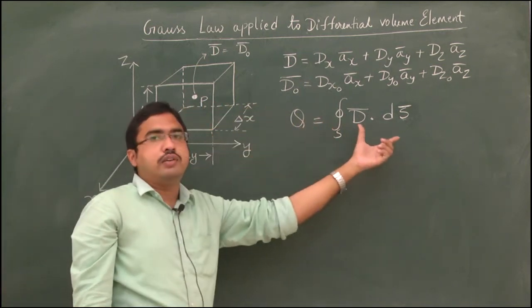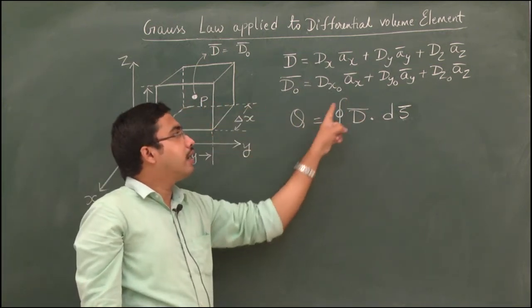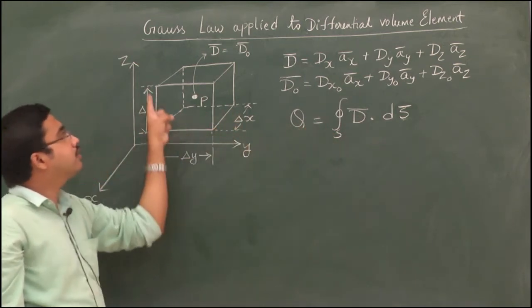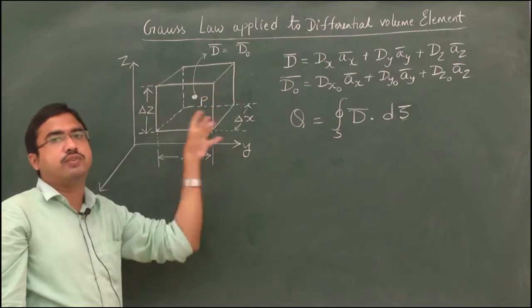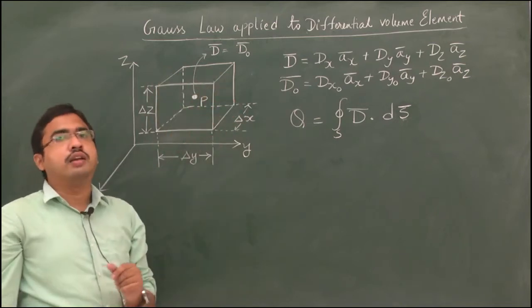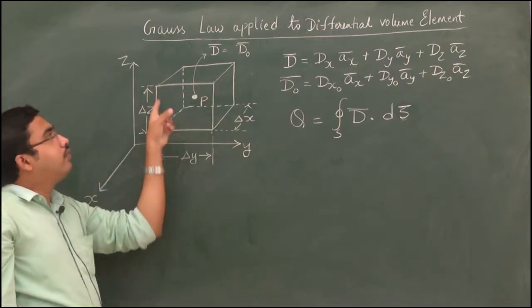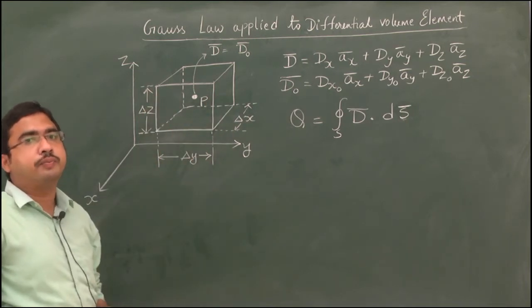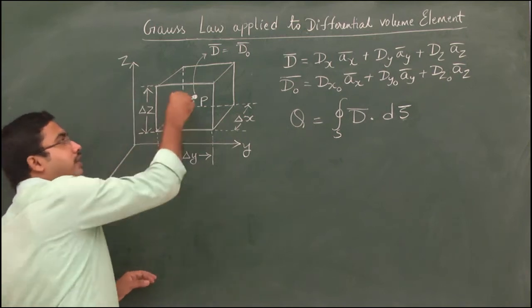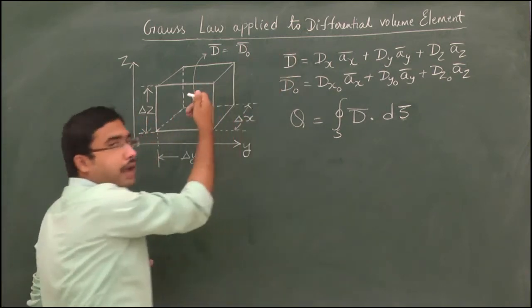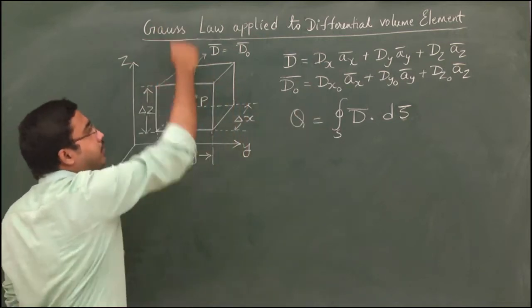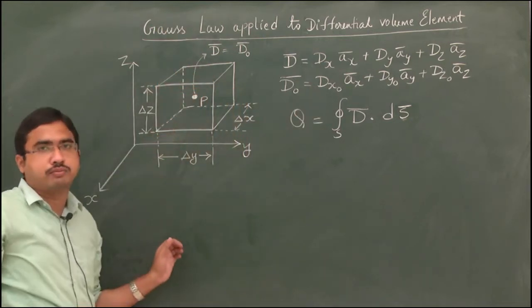While applying this equation, we are saying that the complete surface integral of D bar dot dS bar is to be done on the complete surface of the differential volume that you are considering. Here, for this complete volume of the element, how many sides or surfaces can we observe? We can observe from front side, back side, left side, right side, top and bottom.